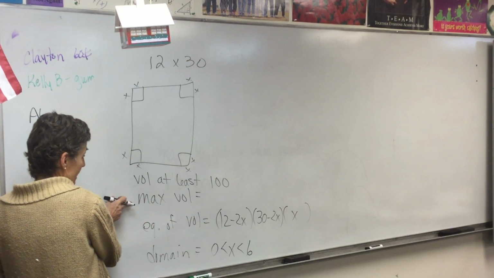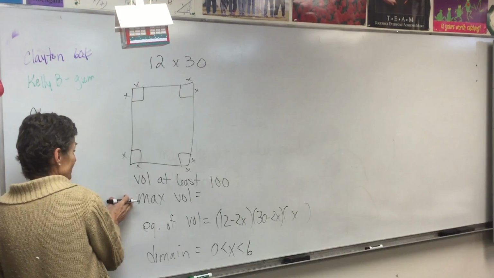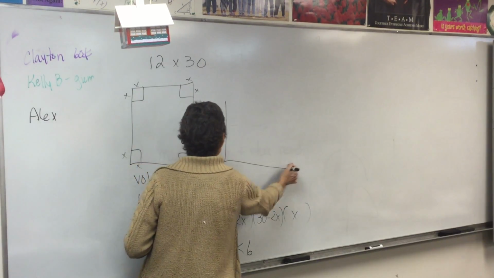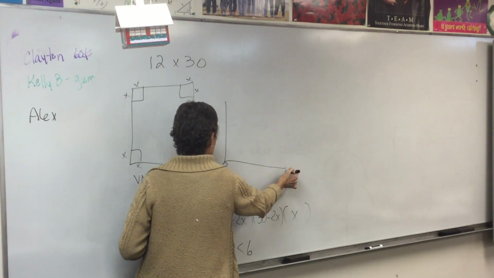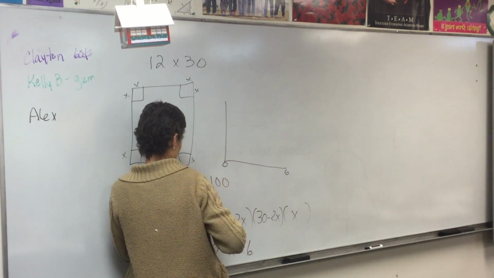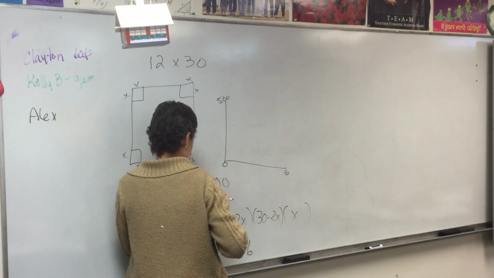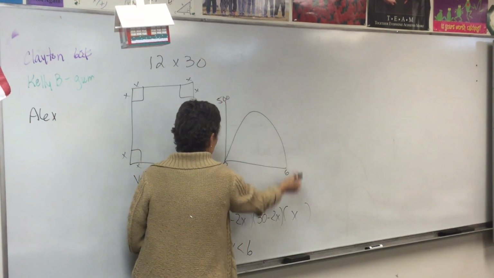I'm working on this now. I've got this graph. I want my maximum volume. So I have my calculator set up 0 to 6, and I use 0 to 500. And I see what I need to see, my nice little parabola.